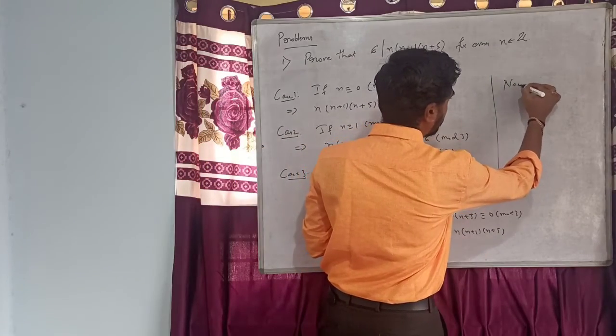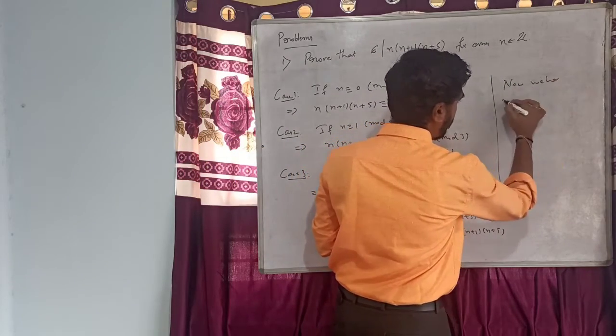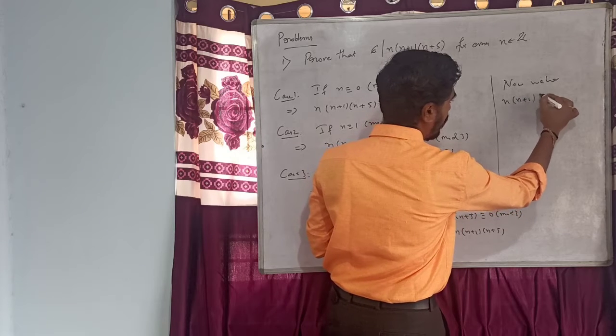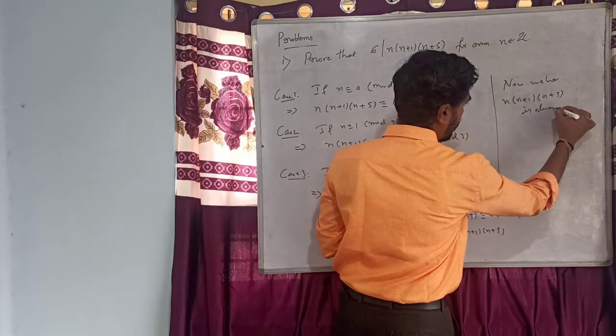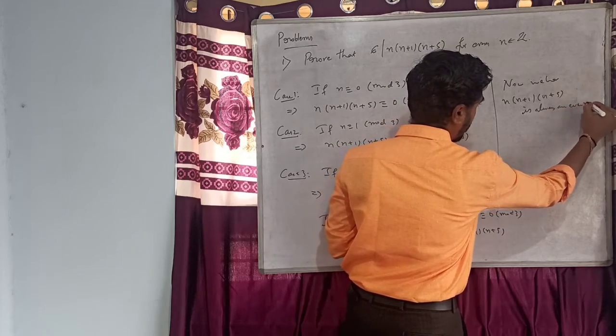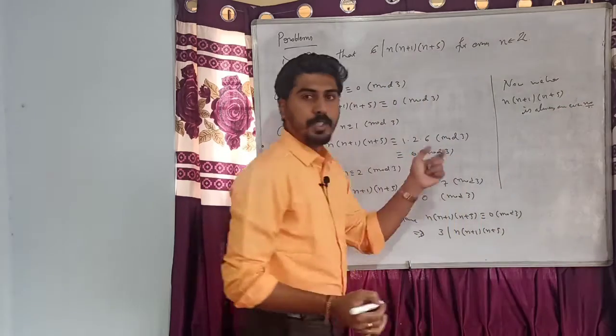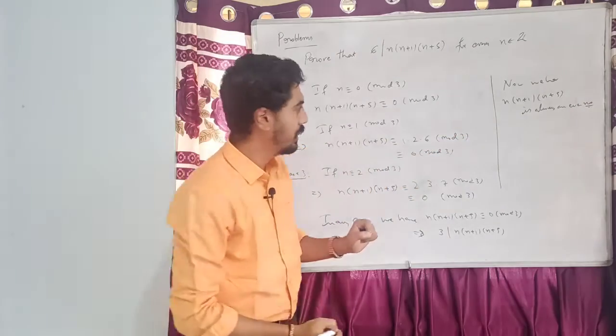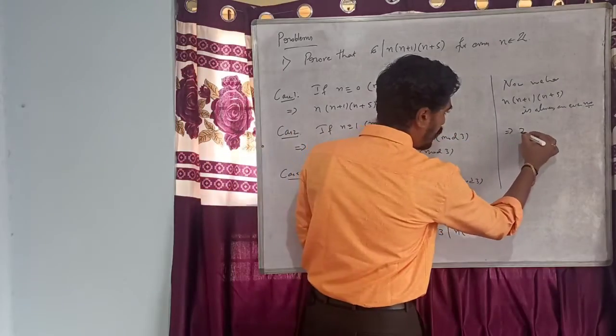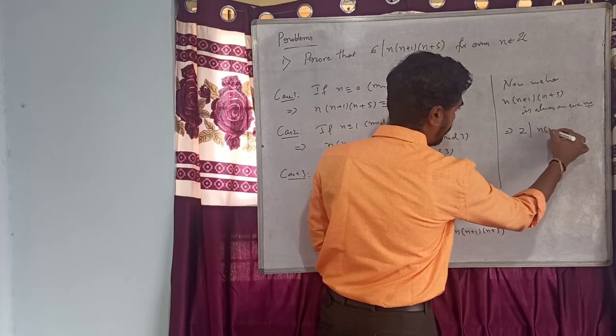Now we have n(n+1)(n+5) is always an even number. This is because of the fact that either n or n+1 should be an even number. This implies 2 divides this product.